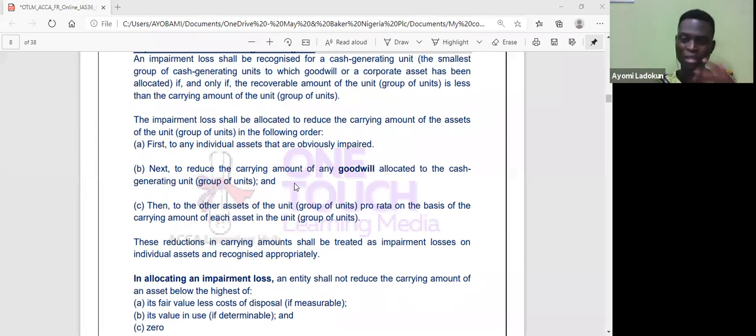Say there's machinery, furniture, and fittings. Add their carrying amounts together. Pick the machinery carrying amount, divide by the total carrying amount, then multiply by the impairment loss balance. Whatever figure you have is the impairment loss for machinery. You do the same for furniture and fittings.